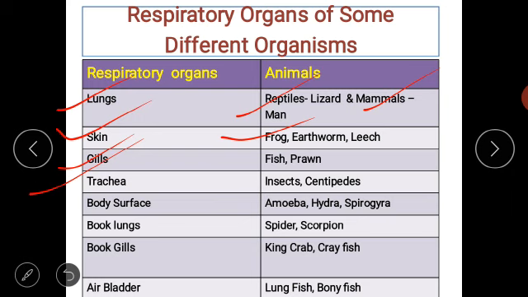All the insects, including centipedes and millipedes, have a tracheal respiratory system, and it is connected to the holes present on both the left and right side of the insect. Those holes are called spiracles, which we have studied in the previous chapters.